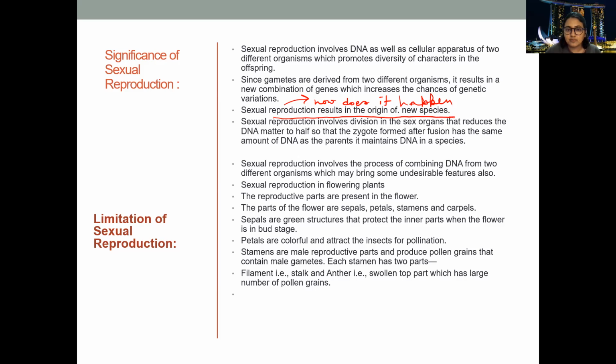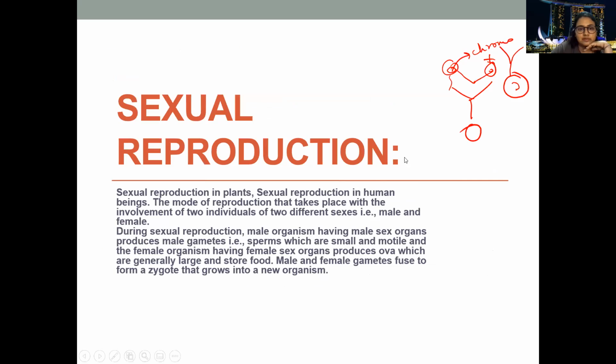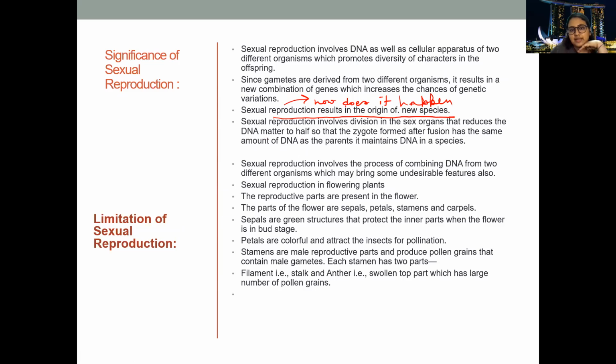So sexual selection normally, traditionally. Ma'am, your question is just what is sexual reproduction, right? No, if I ask what is sexual reproduction, you just need to define. I defined it already on the previous slide. My question is, as an advantage, I told you that sexual reproduction involves DNA from two different parents, so it gets new characters.